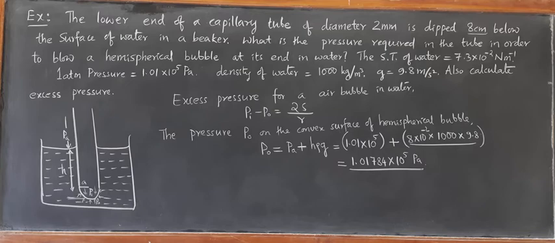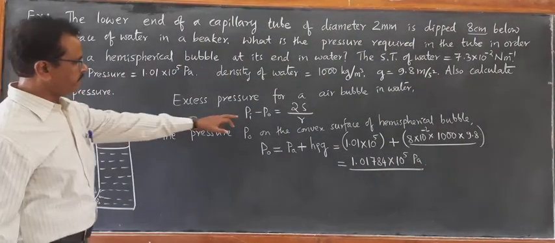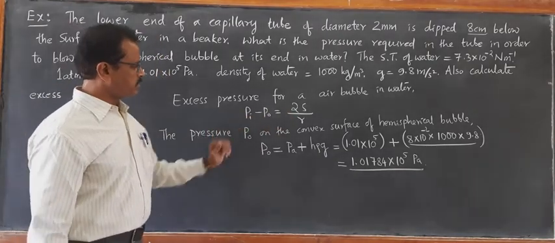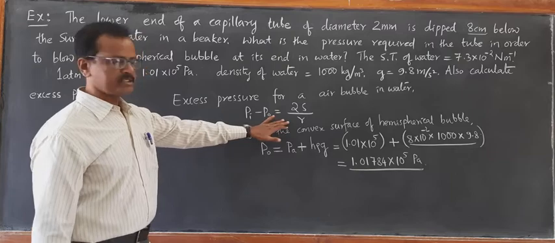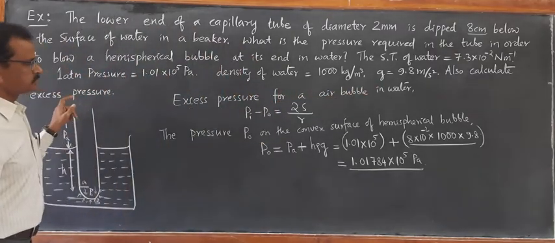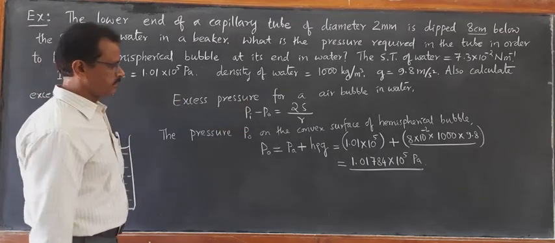Now we can calculate what is Pi. We know that Pi minus P naught is equal to 2s upon r. Therefore, 2s upon r gives you the excess pressure. That is the second part. So first we can calculate Pi, then the excess pressure.